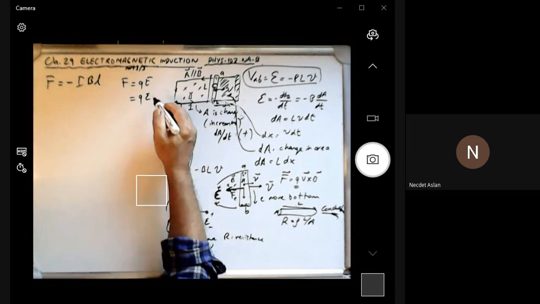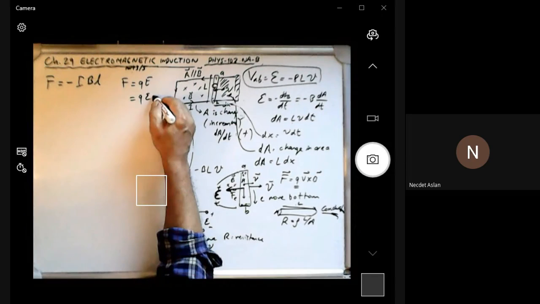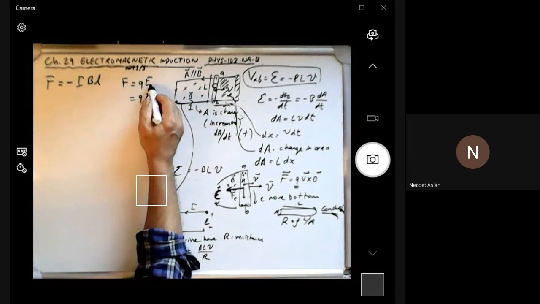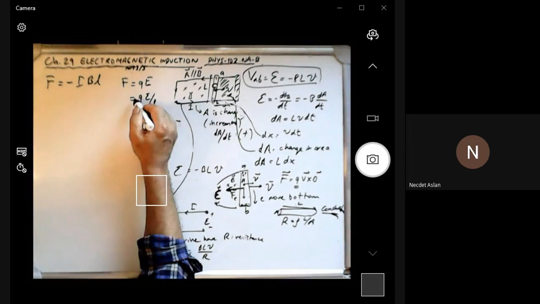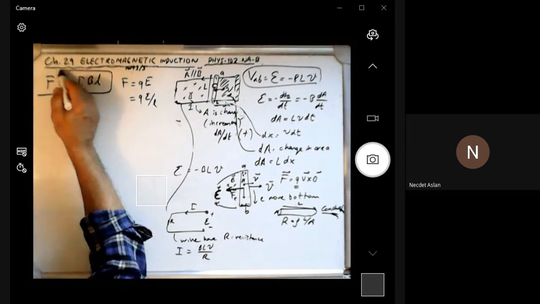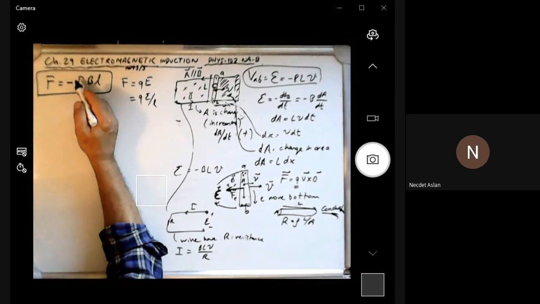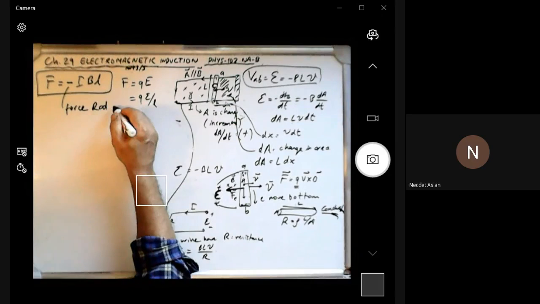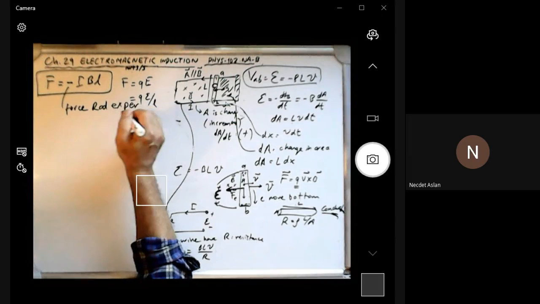Electric volt per meter. So the force is due to the electric field, and it is given by this expression. And then finally, you can end up with this kind of force on the rod. This is the force the rod experiences.